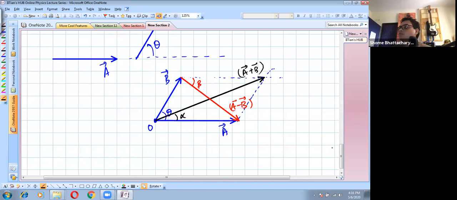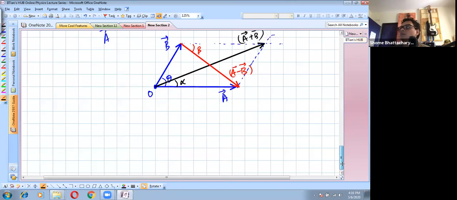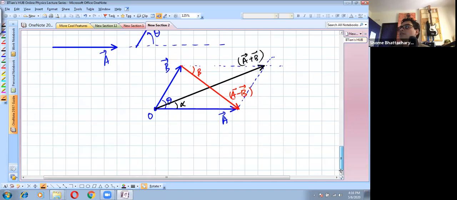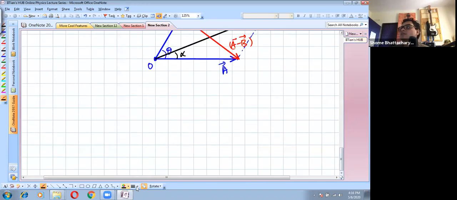What you can see here is that this is nothing but the two triangles combined to form a vector parallelogram. Because if we individually do the triangles, the sum triangle would have looked like this. You would have drawn A, you would have drawn B, and then calculated their sum as this one.